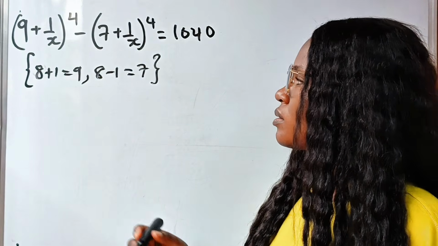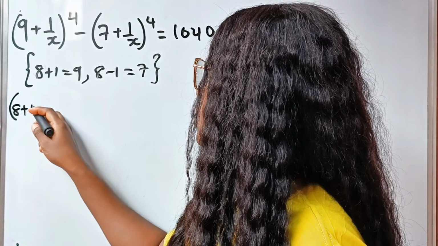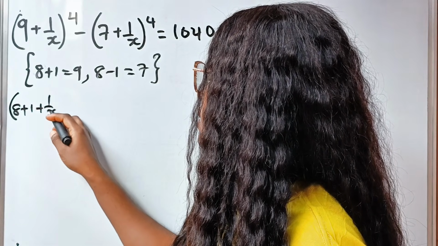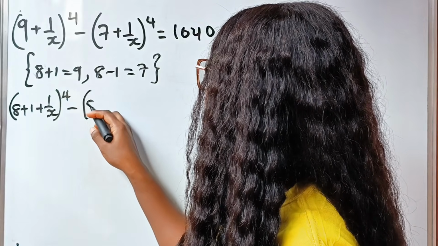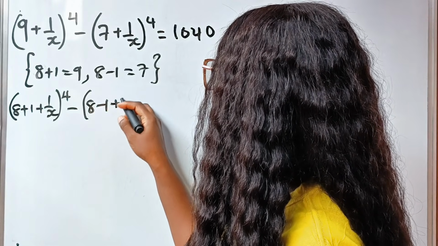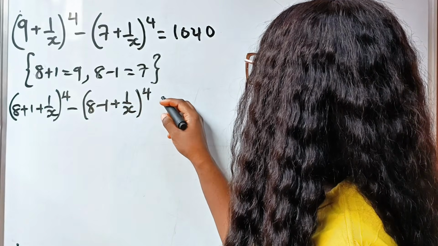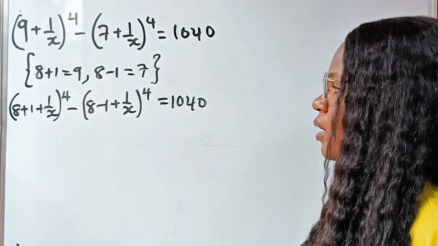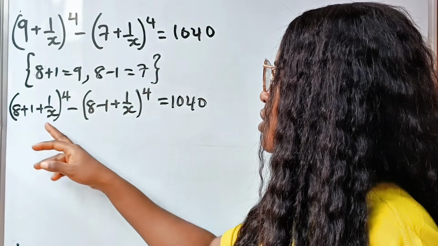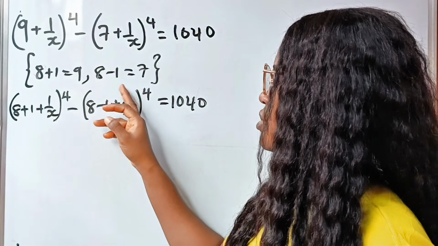First we are going to have 8 plus 1 plus 1 over x raised to the power of 4 minus 8 minus 1 plus 1 over x raised to the power of 4 is equal to 1040.